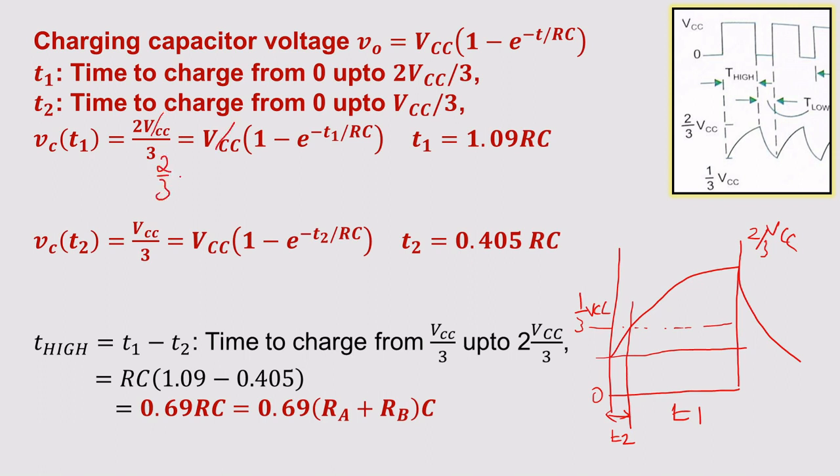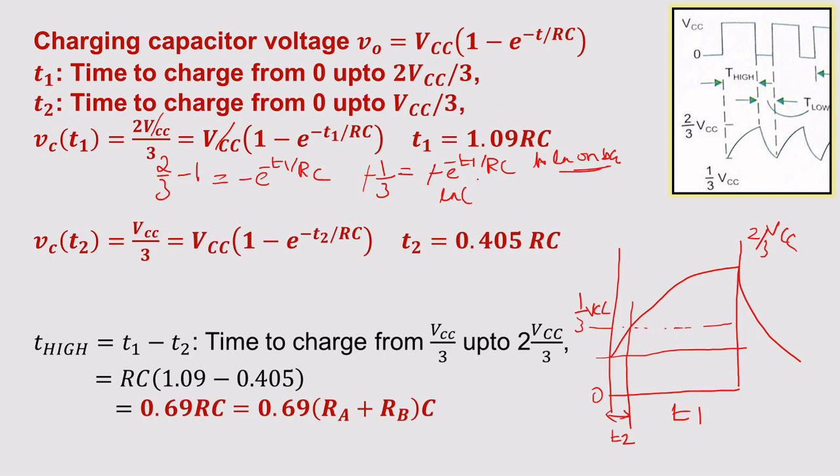So VCC will get cancelled. So 2/3 minus 1, if you bring this 1 to this side, you will have minus e power minus T1 by RC. Right, if you take LCM, what you have? You have minus 1 by 3 equal to minus e power minus T1 by RC. Take the natural logarithm on both sides. So minus minus will get cancelled.